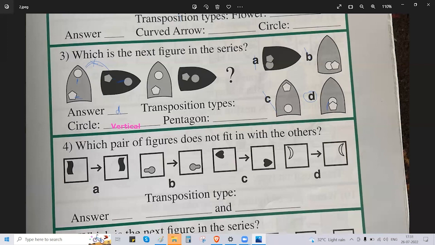When it goes like this, it goes this way as well. I think the pentagon is okay. Okay, I got it. I think the answer is also vertical.